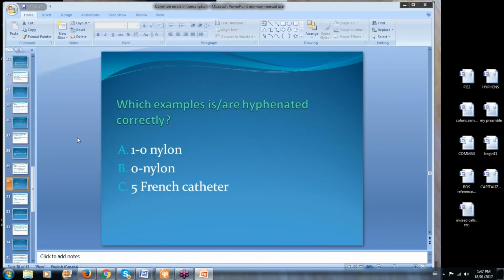Okay, so which example is hyphenated correctly? A, 1-0 nylon, B, 0-nylon, C, 5 French catheter.